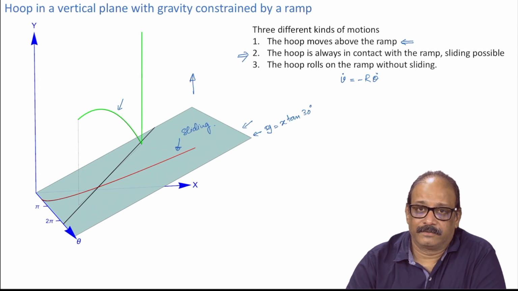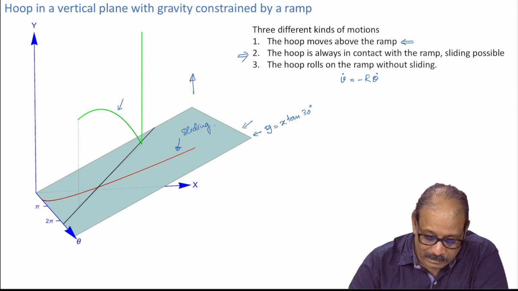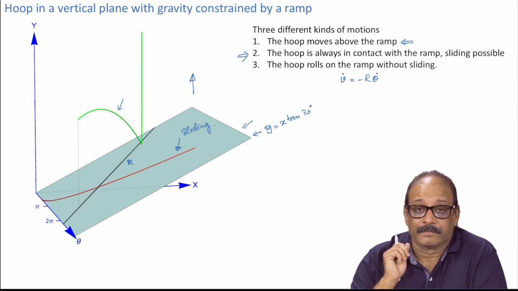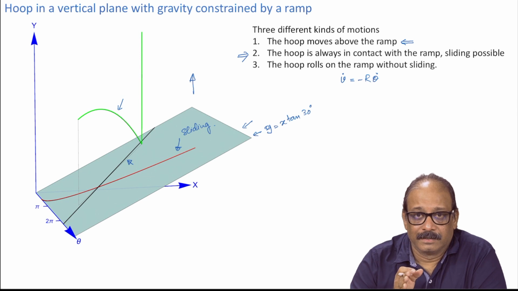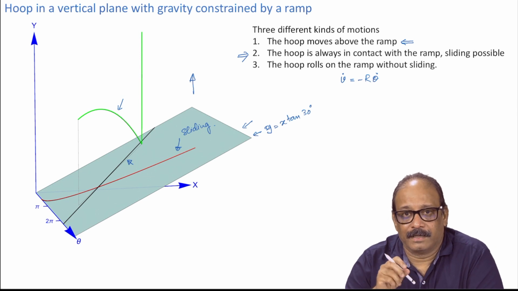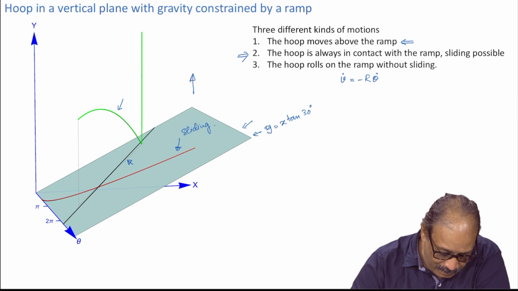This is the constraint for rolling motion. Now, this constraint immediately tells you that the trajectories must be of the black kind. It is a straight line trajectory, so that the velocity component along theta direction and along v direction maintain their ratio, and that is exactly what does not happen here.